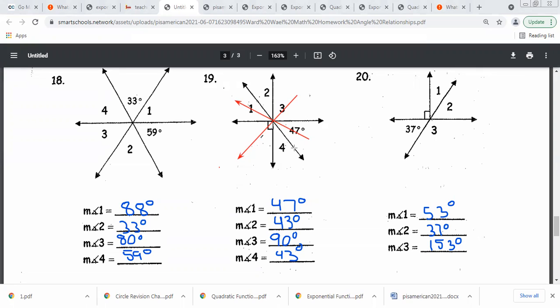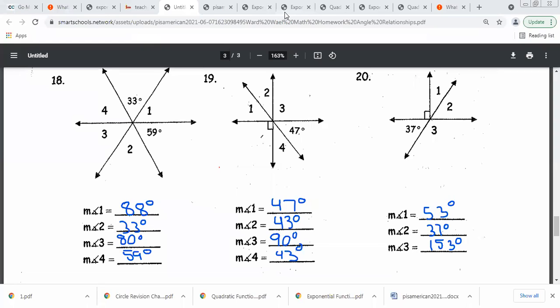If we want to find the measure of angle 2, this is 90, and we said that angle 1 equal 47, then we will use 90 minus 47, and we can find angle 2. Then we will try to find the relation between pairs of angles by supplementary, by complementary, by vertical angle. Then we will find the measure for each angle like you see in front of you.